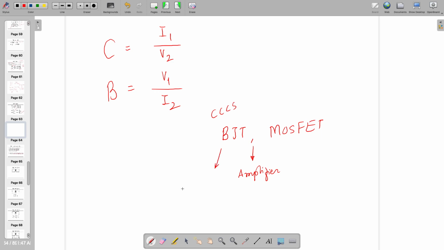The reason is the input impedance is low and the output impedance is also low. For MOSFET, the input impedance is infinite and the output impedance is again low. Sorry, this side is current control current source.